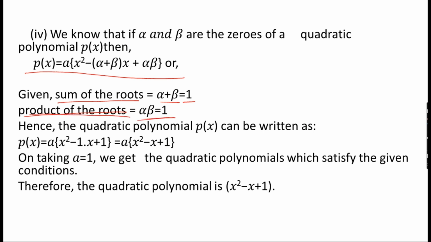Hence, on putting the value of alpha plus beta in place of this term and the value of alpha beta in this term, we get our polynomial as x square minus x plus 1. On taking a equal to 1, we get the polynomial x square minus x plus 1.